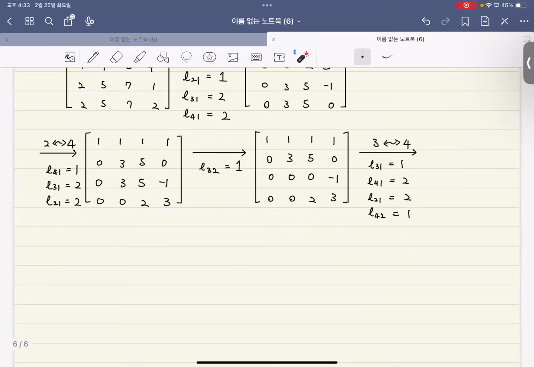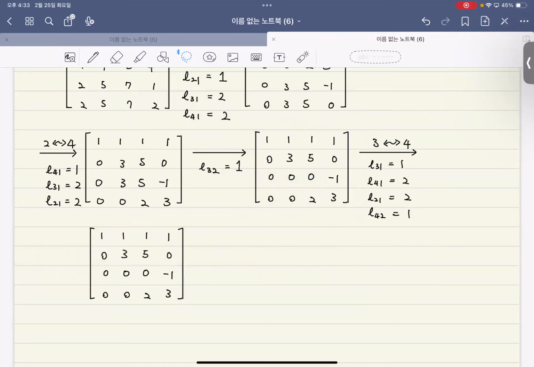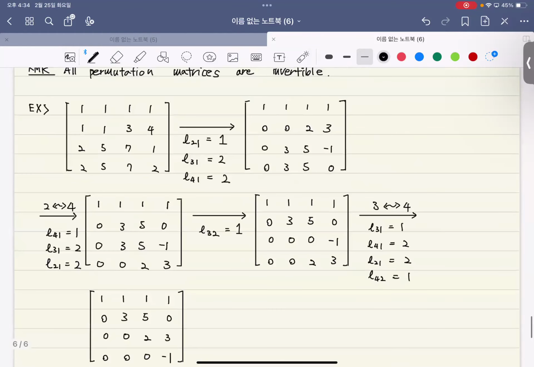First, let me just finish this example. This is 2, 3. Hold on. Where was I? Yeah. This is my original matrix.